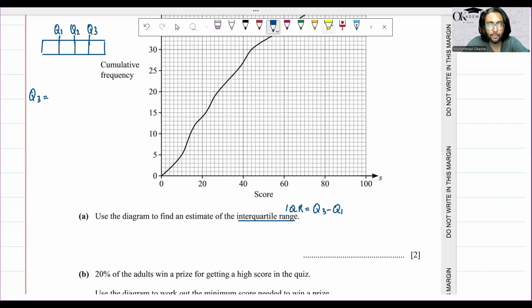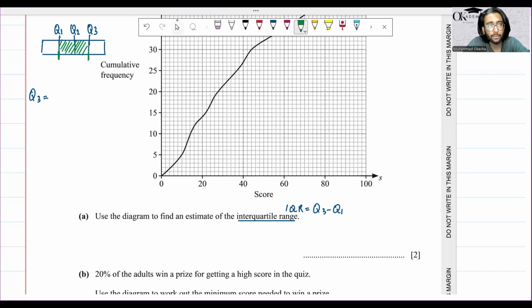This is 0%, this is 25%, this is 50%, this is 75%, and this is 100% of your data. Up to 25% is your lower quartile, and up to 75% is your upper quartile. So you take the value of Q3 and subtract Q1, and all of this area is the interquartile range.